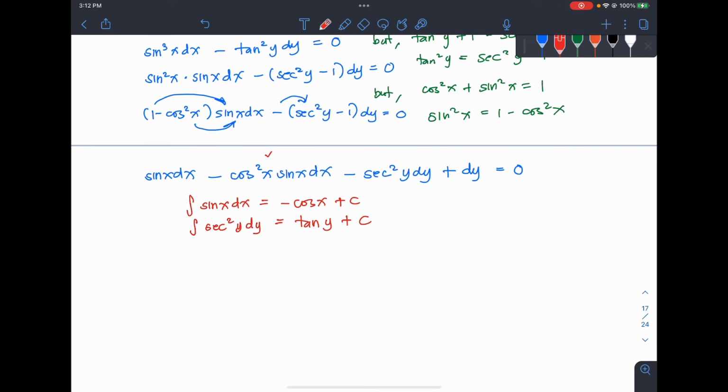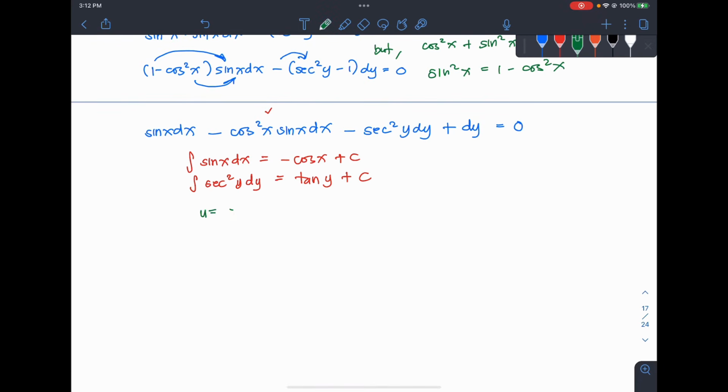But for this, since this is a product of a cosine squared and a sine x, we can let our u be the base of the term with the power of 2, which is cosine. Once we derive cosine, that would be a negative sine x dx. As you can see here, this is just a power rule. We have the base of cosine x, and then the derivative is the negative sine x dx. And thus we can use right away the power rule there.